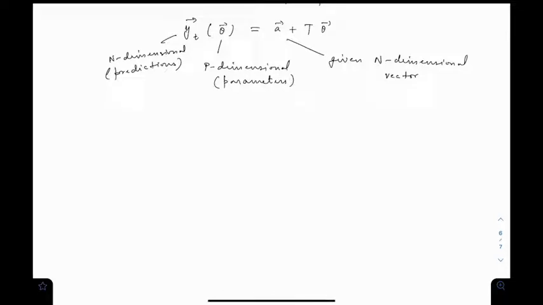And capital T, which is also known as the design matrix, is a rectangular matrix of given elements with p columns and n rows. The straight line fit that we discussed in the previous example is a special case of this, with y t being theta 1 x plus theta 2 and a equals 0.